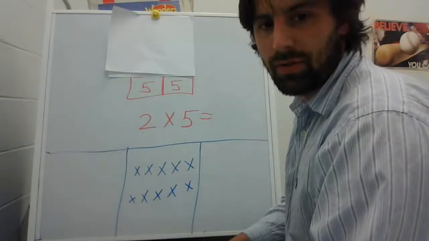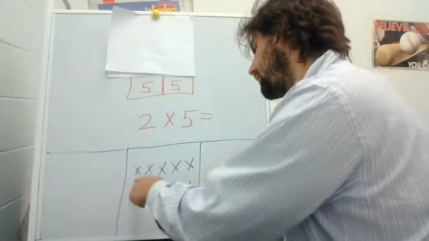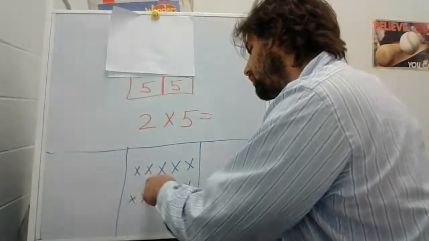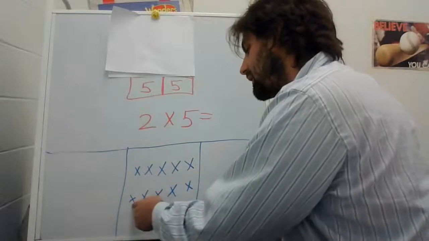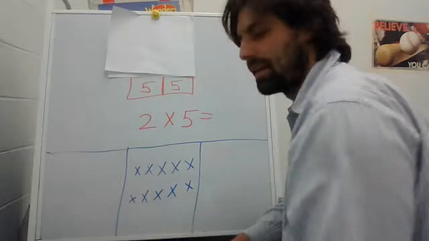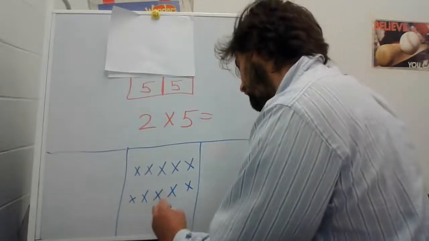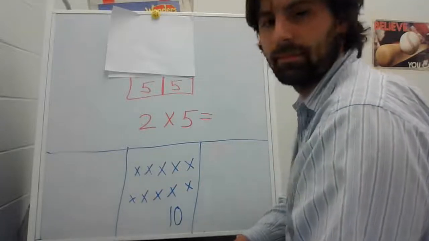Now I have to count the total number of X's to find the answer. So here we go. 1, 2, 3, 4, 5, 6, 7, 8, 9, 10. All right, so that's one way to go about doing it.